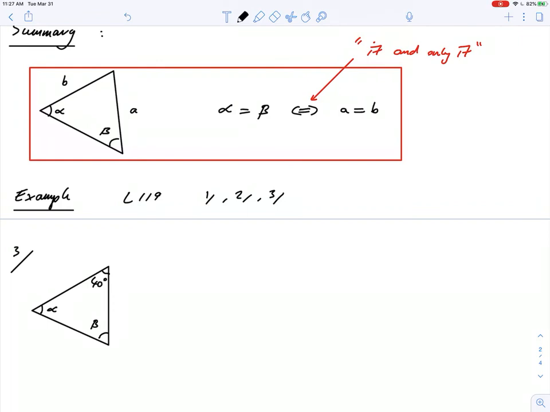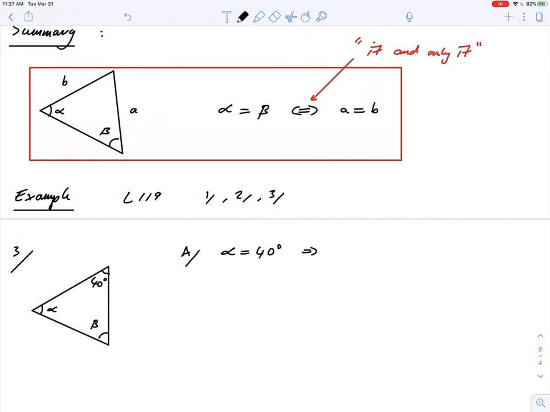Okay, so it seems to me there are two options. Option A is, well, one of the two guys is equal to 40 perhaps, right? So let's say alpha is equal to 40 degrees. All right, remember an isosceles triangle, two of the sides are the same, so two of the angles must be the same at least. So if this happened, this would mean, well, we can work out the internal angles.